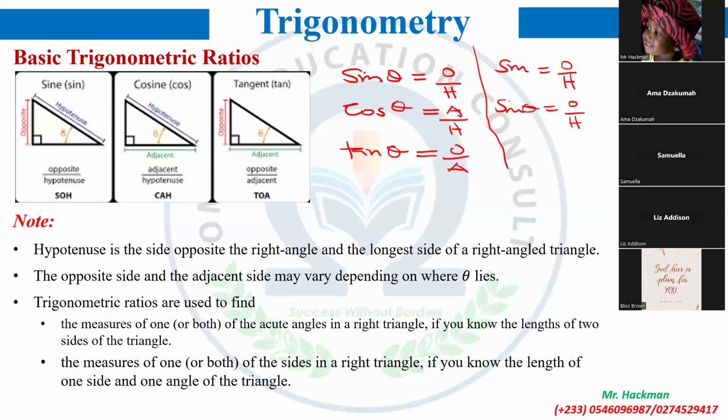So if I take this angle theta, you can see the opposite to the angle theta is this side of the triangle. Is that clear? Yes, it's my point, William. And adjacent to this angle is this side. So it means if I change my angle theta to this vertex, or if my theta is this angle, will my adjacent still be this?